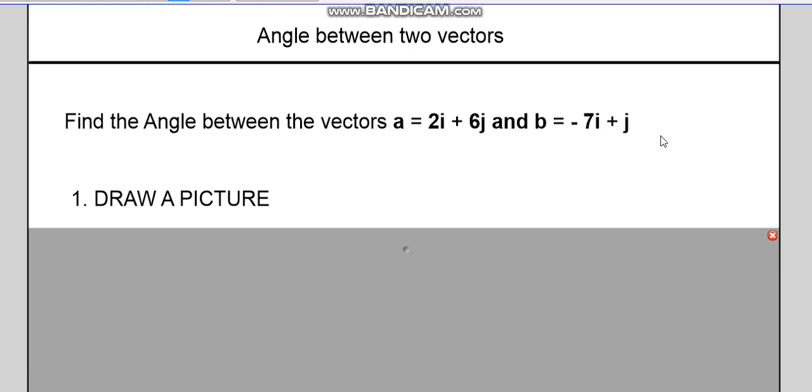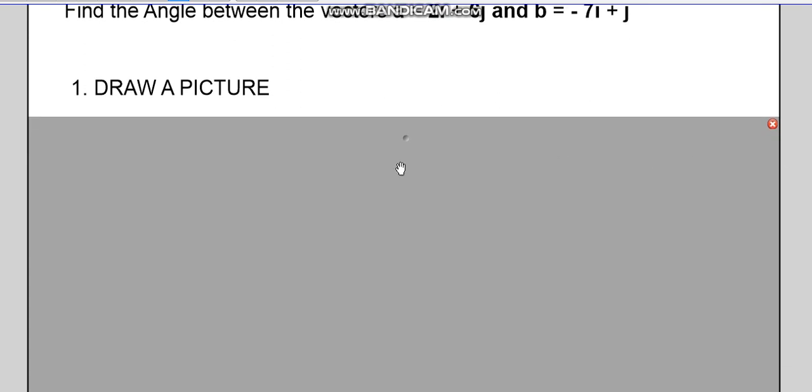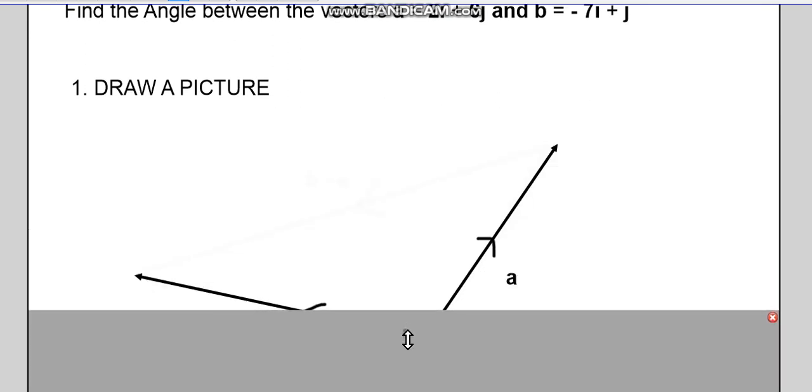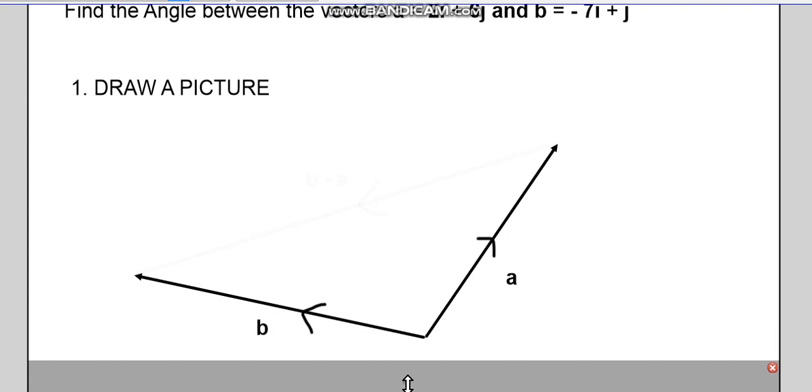So if you could pause the video and see if you can just sketch those two vectors from the same starting point. Okay, so imagine it's the origin, so draw vector A and vector B both travelling from the origin. Okay, so you should have something like this.